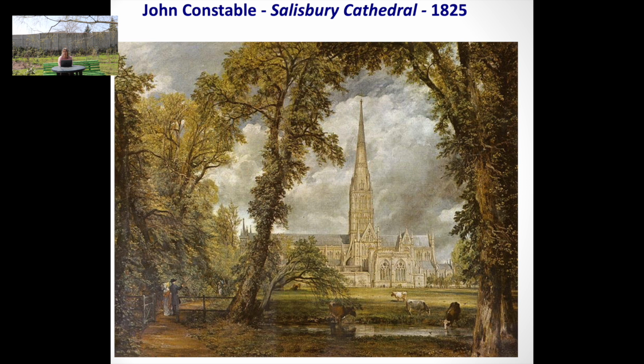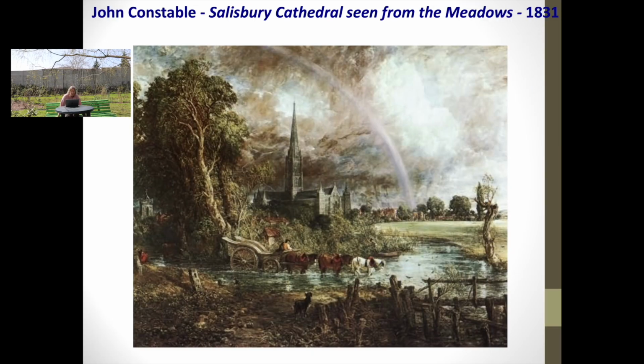of course the main focus is this beautifully framed Salisbury Cathedral, framed by the trees that form this kind of almost a Gothic arch. Here we have another view from a further distant view with some meadows and the river and the receding storm with the rainbow, which has sometimes been interpreted as a sign of hope.